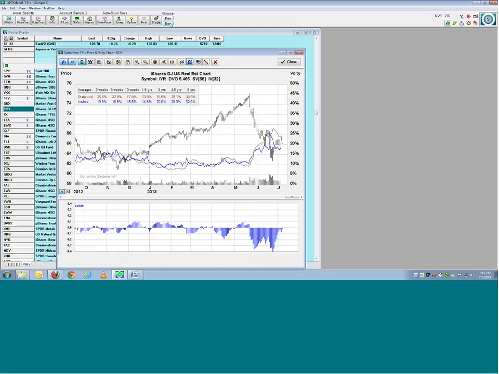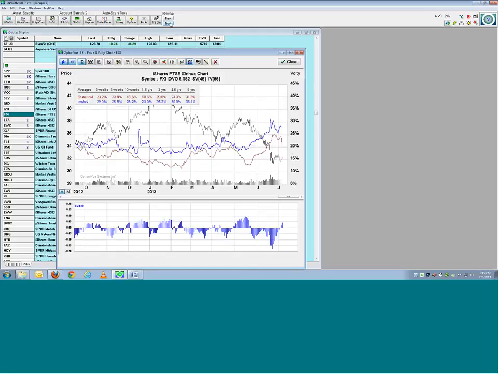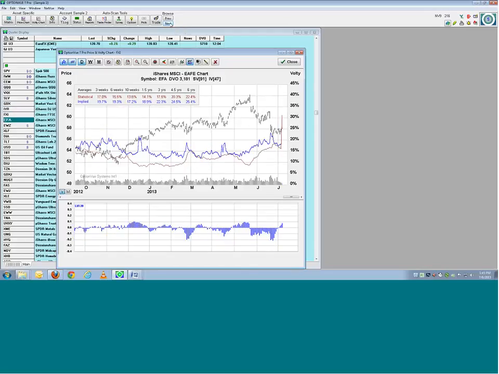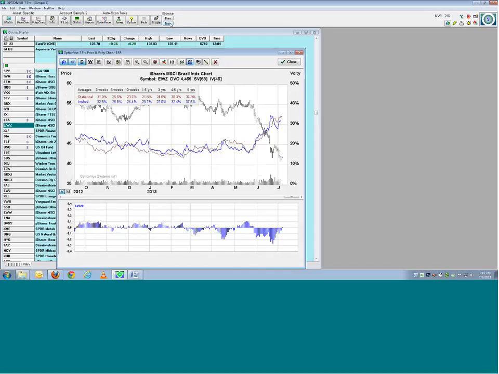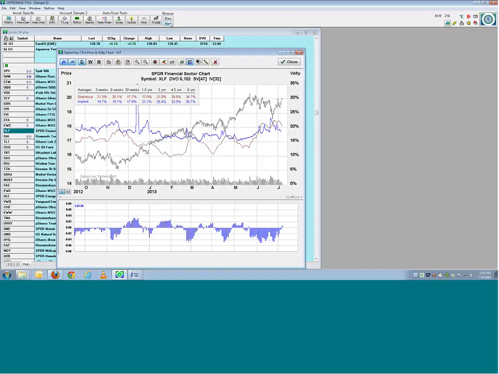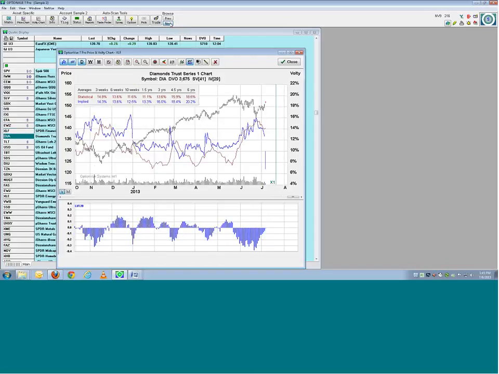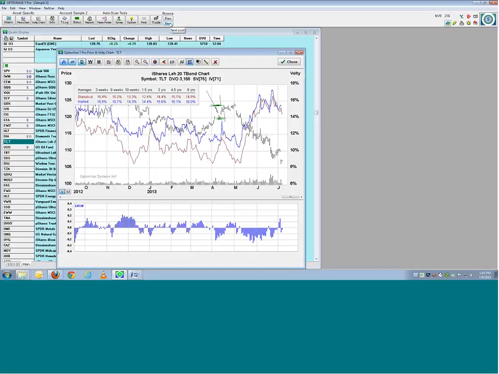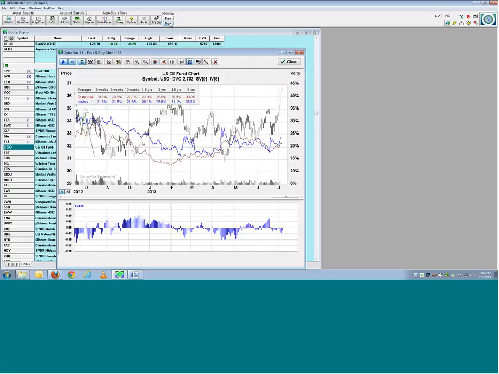Click through, and this way you can scan a whole bunch of these without using OpScan. Now, you're not going to get the quantitative analysis that you'll see there, but at least this enables you to quickly flip through and get a bead on some underlying assets that might be pretty good candidates for premium neutral selling. All right? Just like that.